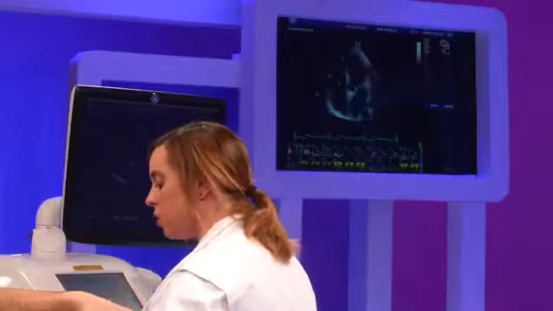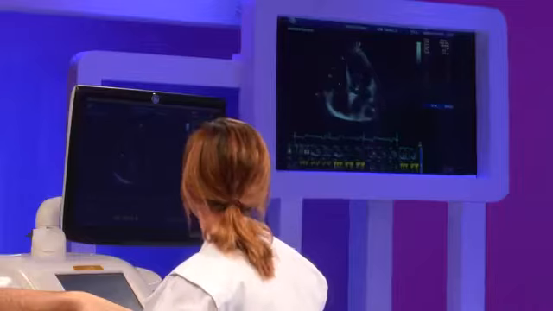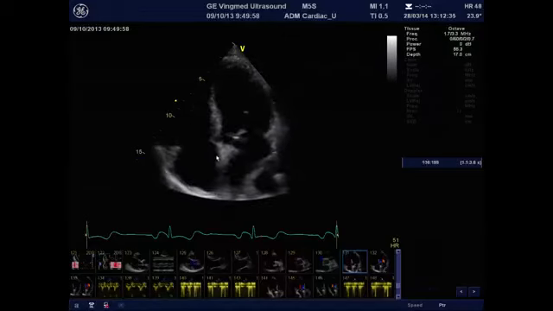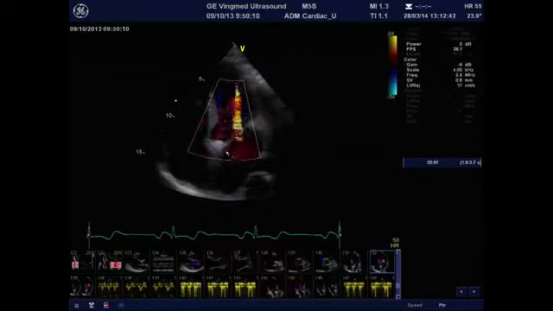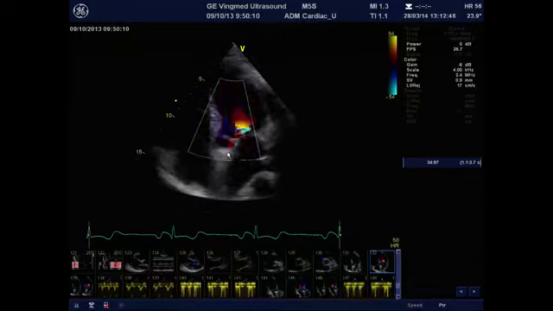Then we're going to continue the exam in apical views. You're going to start with the 5-chamber view to open the aorta and to see the prosthesis. And after this, you can put the color Doppler and you can assess again for the presence of significant leakage.